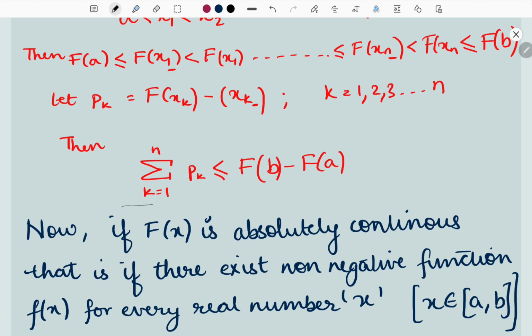Summation of all those differences will always be less than or equal to f(b) minus f(a). It means the difference between the y terms, or the difference between the intervals of the function, will always be greater than or equal to the summation of this term.